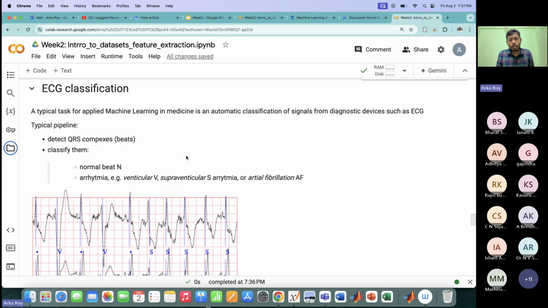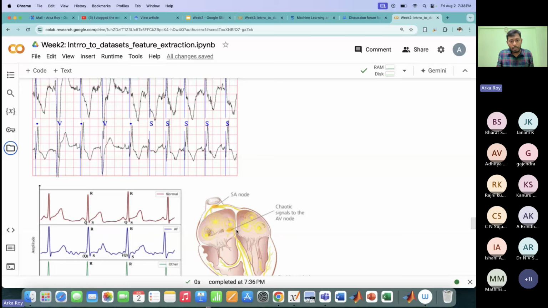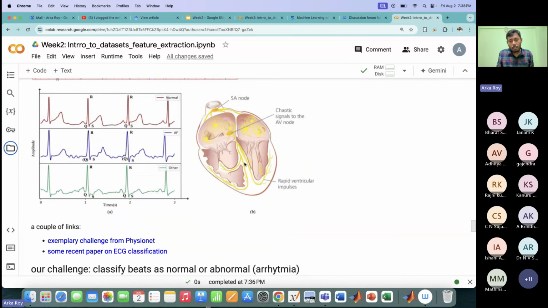ECG is basically the electrical response of the heart. There is the sinoatrial node in the heart, which creates electrical pulses, and then the pulse goes through the interatrial septum. Then you have the interventricular septum, and the pulse goes like this. It starts from here, comes here, then goes here and here in these two directions.